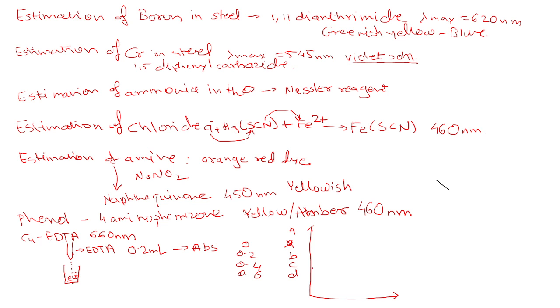So you can see that here you have to take the volume of EDTA, ml of EDTA. Initially absorbance goes on increasing, and after a certain point it remains flat.